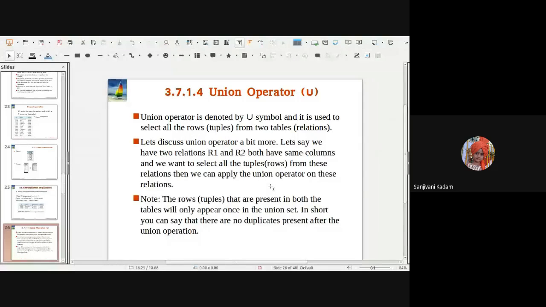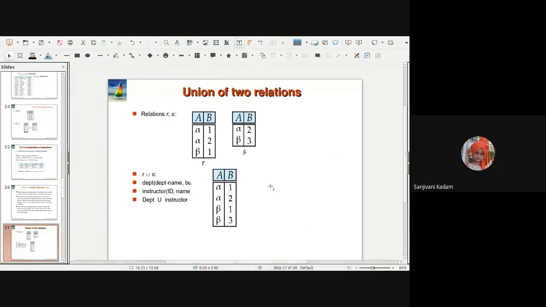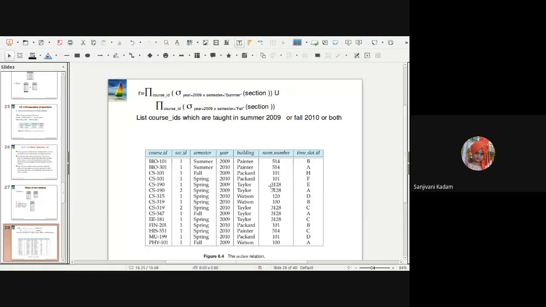So whenever we are combining the results, two relations should always be union compatible. Union compatible means both should have the same number of attributes and the respective domains of attributes should be matching. So that is the requirement for the union operation. So this we have seen, and we also saw the example based on the section relation for the union operation.